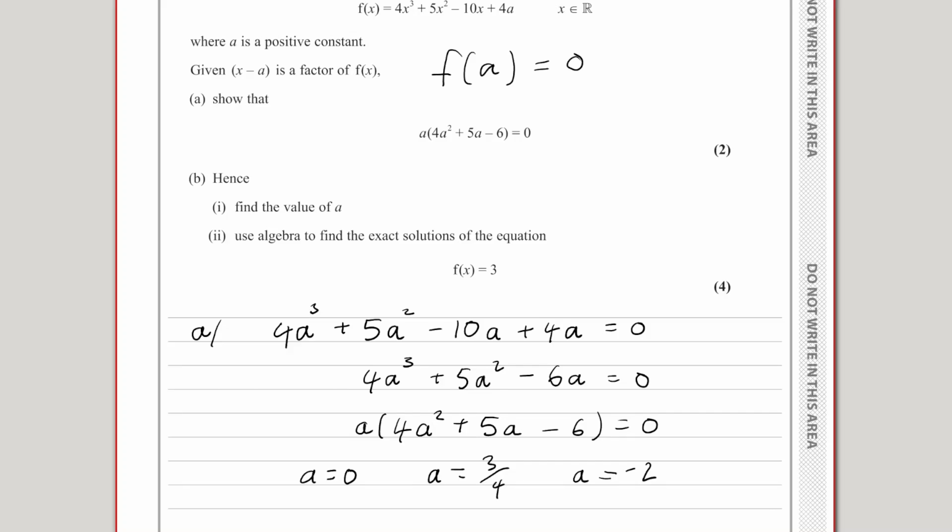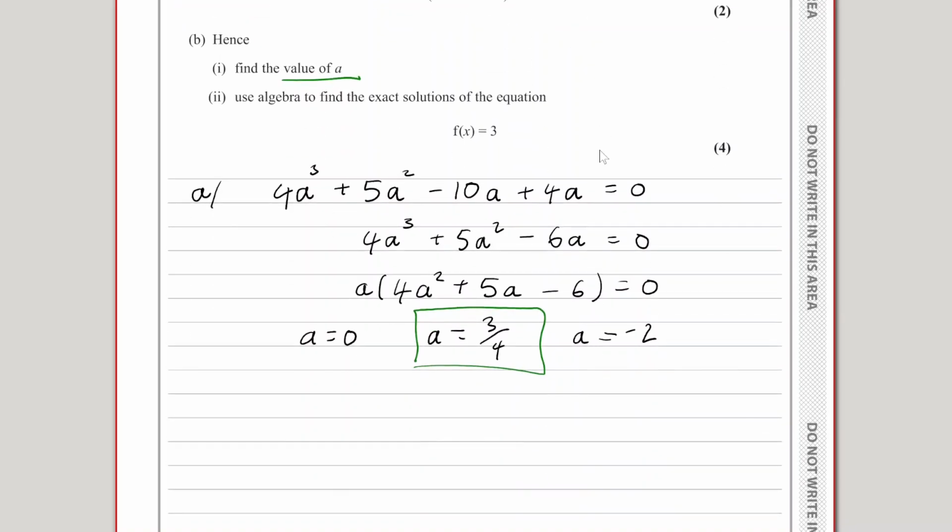So a can be 0, 3/4 or -2, but we know a must be a positive constant. So we're finding the value, not values, of a. So a must be 3/4, because it's a positive constant.